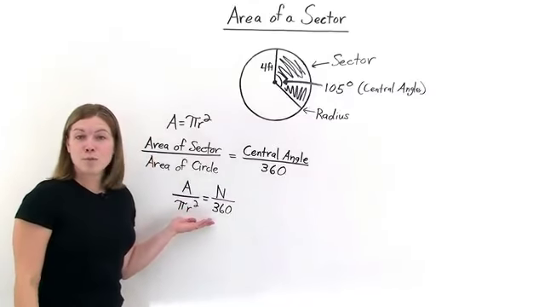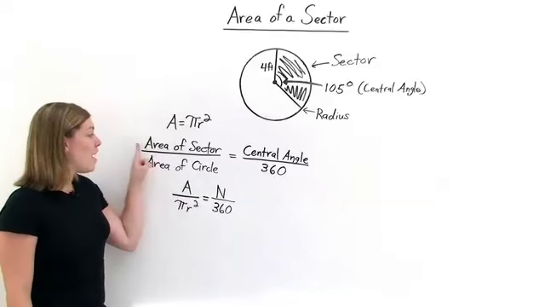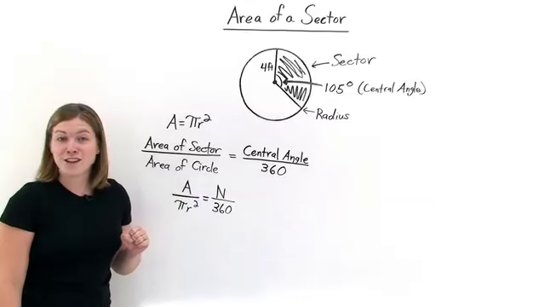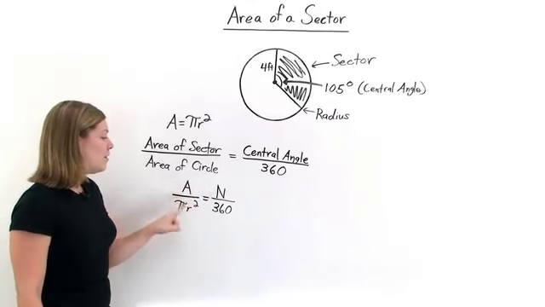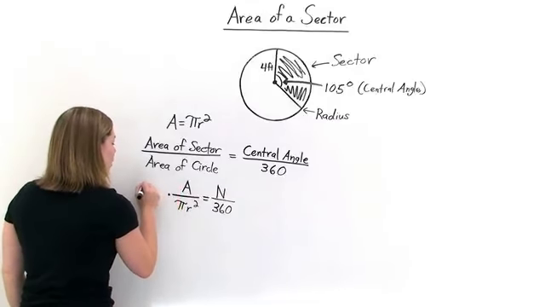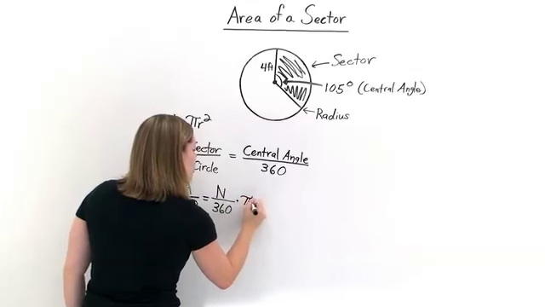So now that we have our proportion like this, let's try to solve it for the area of a sector. That will give us the formula for the area of a sector. So we're trying to take this and solve it for A. To do that, we need to multiply both sides of this equation by pi r squared.